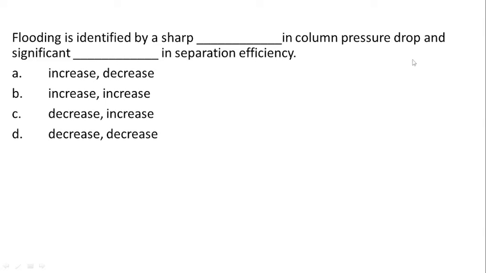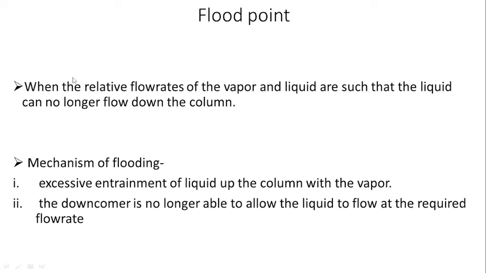So the pressure drop will increase and efficiency will decrease if flooding happens. And answer A, yes, that is true. So we need to know what is flooding. Flooding is a phenomenon which occurs when the flow rates of the vapor and liquid are such that the liquid can no longer flow down the column through the sieves.